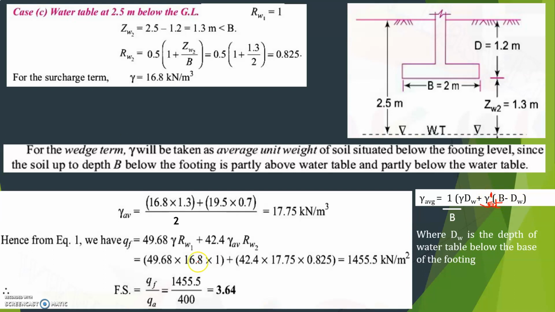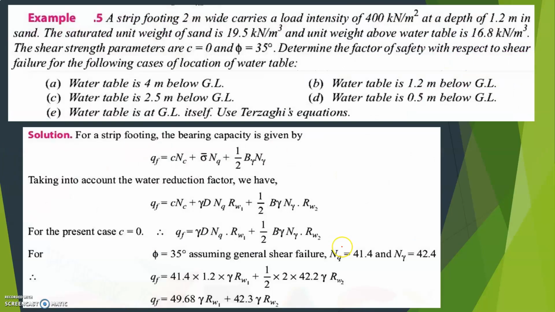Once you get gamma average, you can use the equation which I solved in the first condition, without considering the water table: qf is equal to 49.68 gamma into RW1 plus 42.4 into gamma average into RW2. It is this formula.